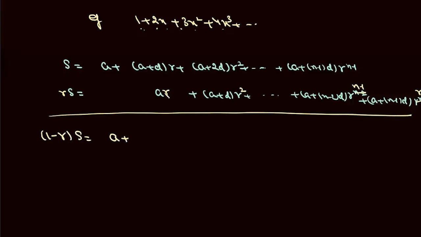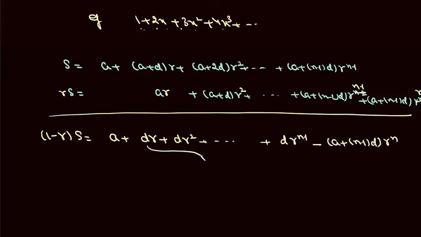Now here AR will cancel, so we'll get this as dr. Here A plus dr square will cancel, we'll get dr square. And in the end, we'll have dr to the power n minus 1, and then minus this last term, which is A plus n minus 1 d, R to the power n.